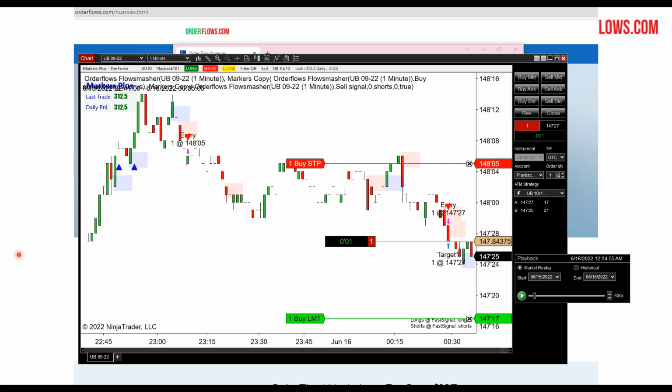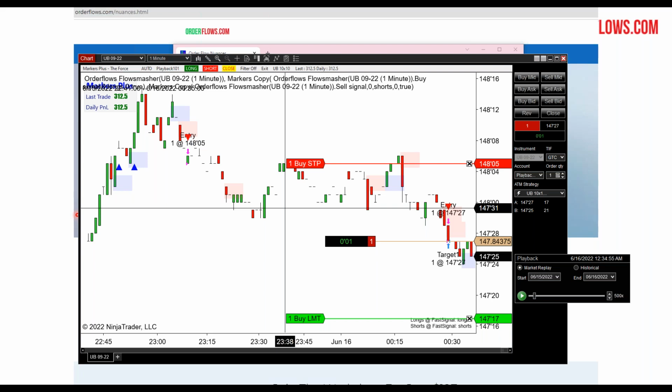Another question. Yes, John, you can use it as a standalone indicator. You see I have it on a normal bar chart here, I don't have the footprint chart running. If you're going to use any of my order flow tools, especially this one, you need tick replay.